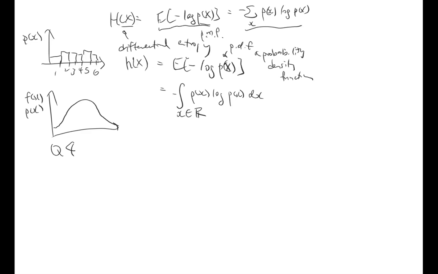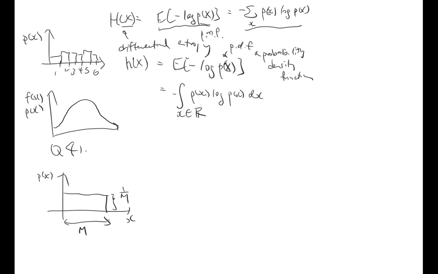Let's say I have a continuous, so this is a PDF, a uniform distribution. I have x here, and let's say this width is big M. So it's uniform, therefore this height is 1 over M, right?